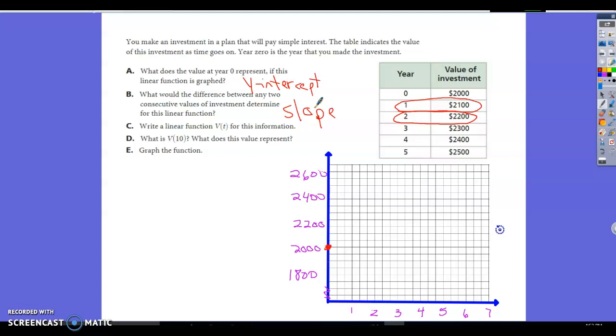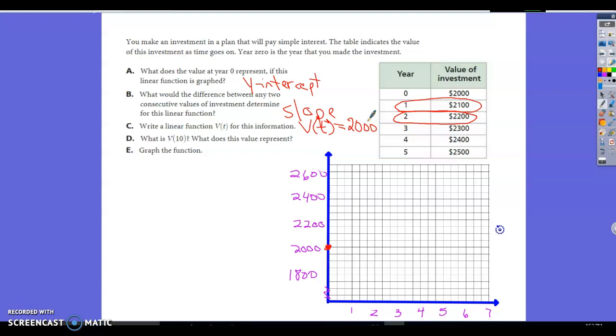All right, write a linear function, v of t, for this information. All right, so the value of the investment over a certain amount of time, the years of time. So v of t equals, and then we have an initial investment of 2,000.